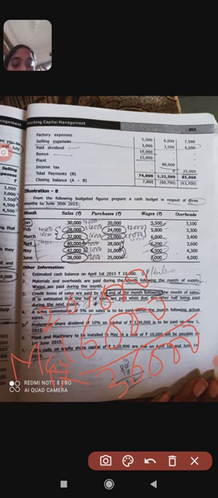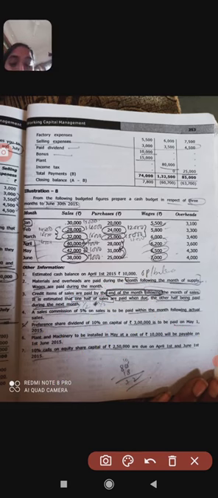Next, June month. June month calculation of sales is half of the May month.